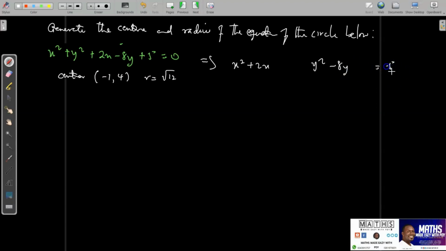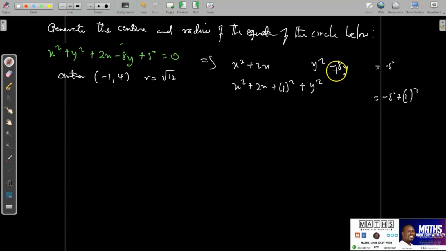We have negative 5. Then completing of squares, select the coefficient of x as well as the coefficient of y, half it, and add it to both sides of the equation. Half of 2 is 1, so we square the 1 and add it here and also there. Coming to the y squared, the coefficient of y is negative 8.